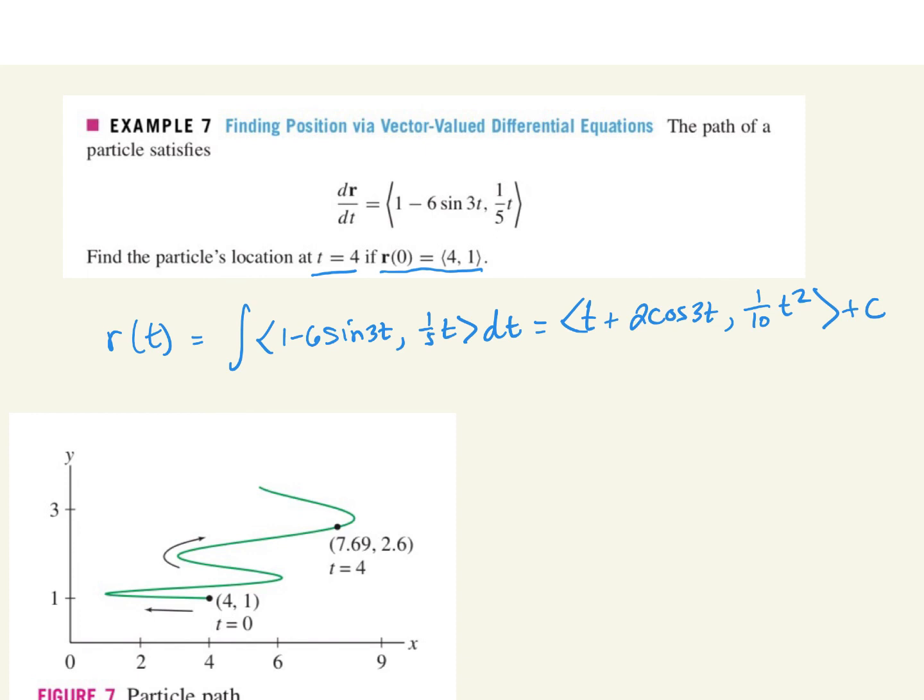All right, so now this is where we say, well, we know that r of 0 equals 4, 1. So 4, 1 equals, putting 0 in for our t's, 0 plus 2 cos 0, comma, 0, plus c.